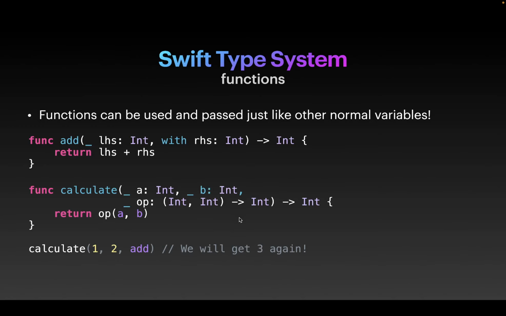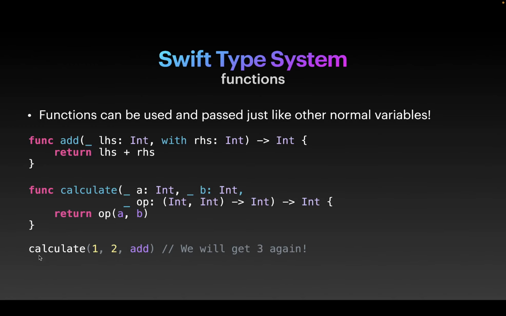But the third one is actually a function. So you name it op, which stands for operation, okay? And the type is: take 2 integers and return an integer, okay? And inside this function, we use the op variable as a function, right? We call the function upon the op variable, okay?